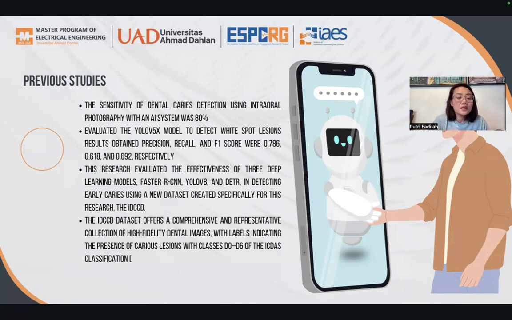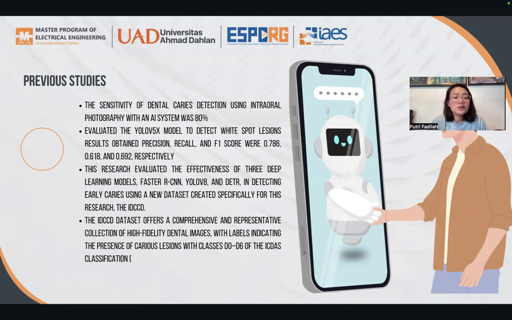The precision, recall, and F1 score results were 0.689, 0.618, and 0.692 for the YOLO V8-s model.